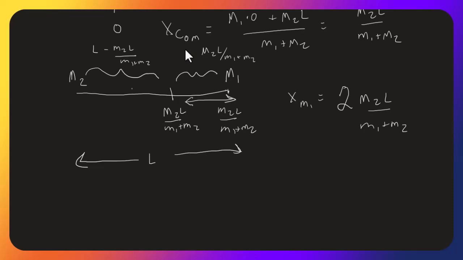It has to be wherever the origin is. So say it's right here, 0. We know the center of mass is right here. And we know that is this distance. And we know that M1 has to be that distance away from the center of mass. And so what is the x position of mass 1? It has to be this. What is the x position of mass 2? It has to be L minus that.